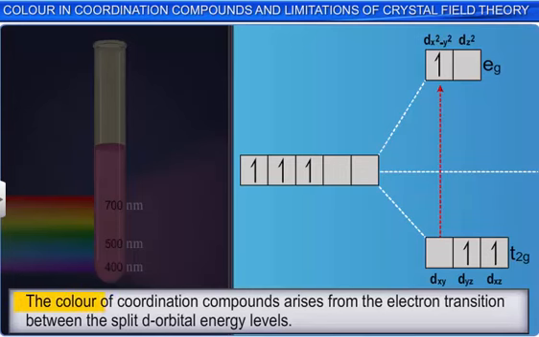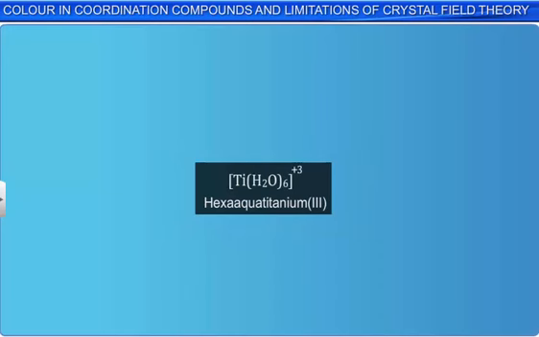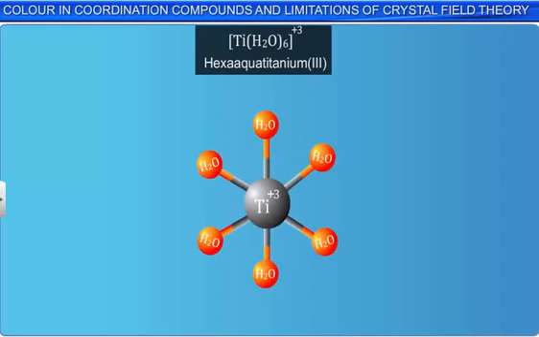Let us take the example of hexaaquatitanium(III) to understand this. Hexaaquatitanium(III) is an octahedral complex, in which titanium is in +3 oxidation state and has a single electron in the d orbital. The single electron is present in the lower t2g level in the ground state of the complex.